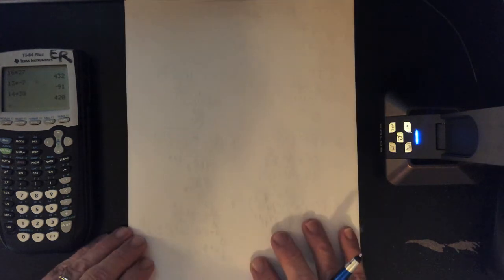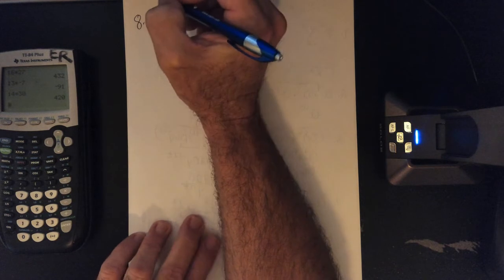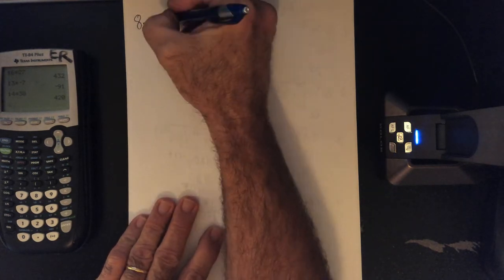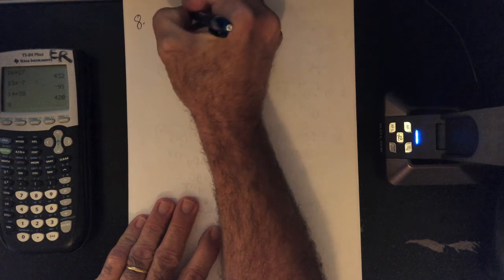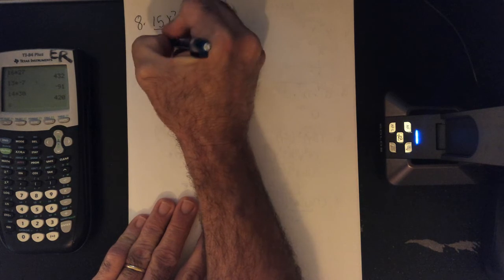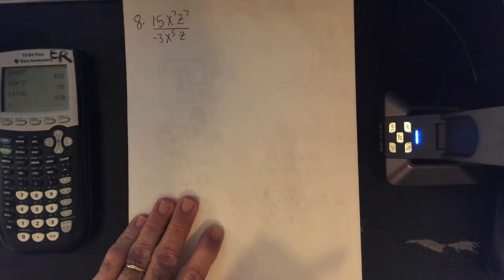Alright, so turning over for number 8. Same thing, divide and simplify. So I got 15 x to the 7th, z to the 7th, divided by a negative 3 x to the 5th, z. The first thing, the z has a 1 exponent by it.